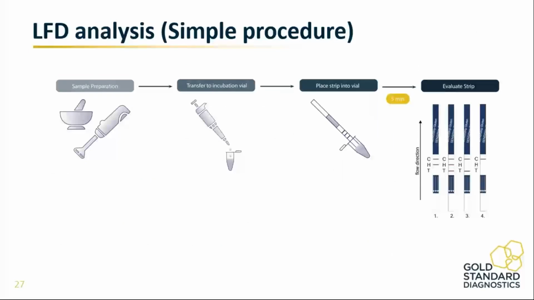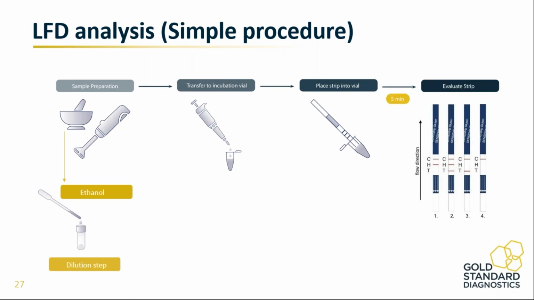The way that we can proceed with this gluten hook effect line is very, very simple, as you can see here. First of all, we need to prepare the sample extraction. As always, in the case of gluten, you know that the proteins of gluten are only soluble in ethanol. So we need to add ethanol, then perform a dilution step and transfer to the incubation vial.